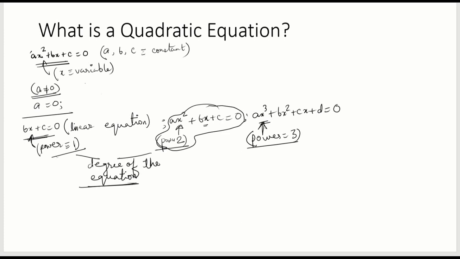Now let's understand this with a practical example. Suppose we have a rectangle.